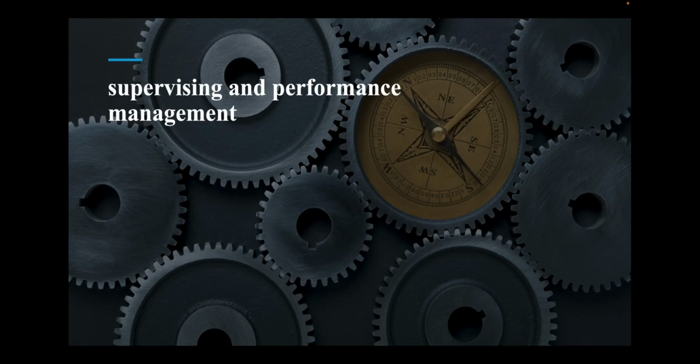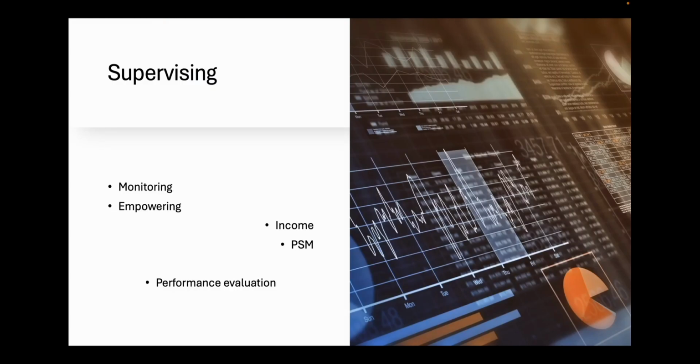In this short video, we are going to talk about supervising and performance management, or performance evaluation, in public and nonprofit organizations. So let's briefly talk about supervising. What do we mean by supervising?